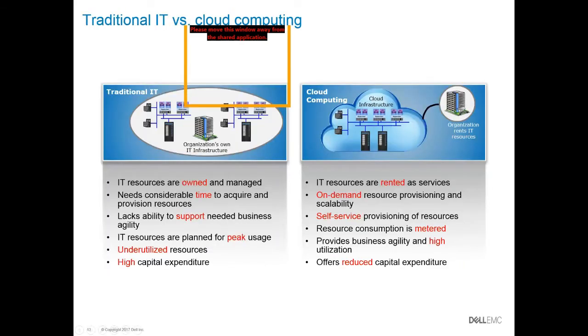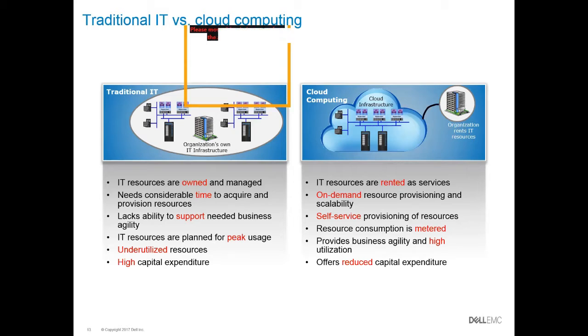So how is the cloud different from the traditional IT infrastructure, in terms of its management and how it is owned? We know that the traditional IT resources, which are part of the company itself, are owned by the company. They are the sole owners of that IT infrastructure. However, in the cloud, it is not ownership, but it is a rented service.